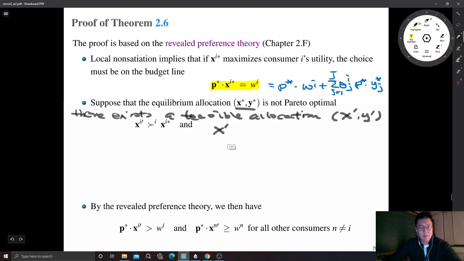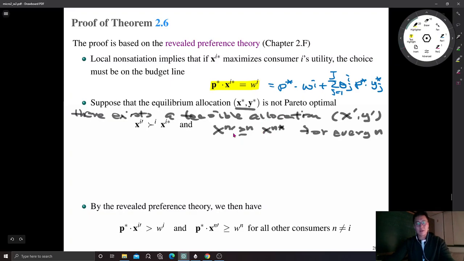So x, and let me use a consumer index first. So x prime is preferable to x star for every consumer n. Okay, so every consumer n weakly prefers that allocation x prime to x star.